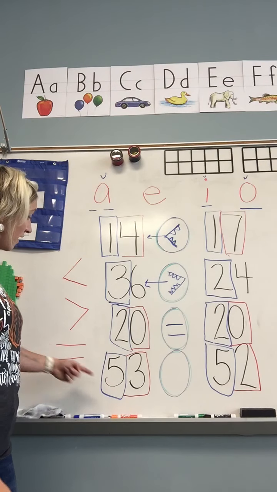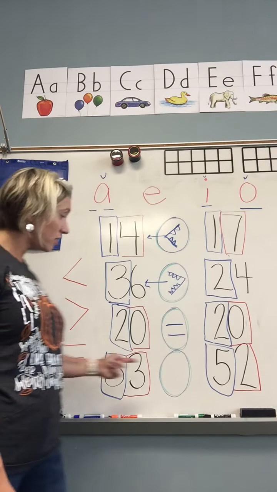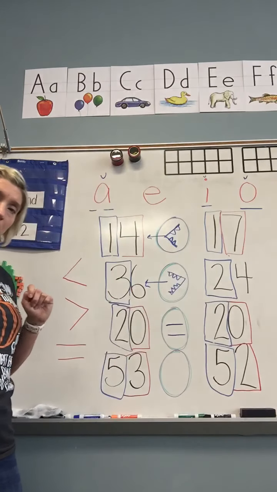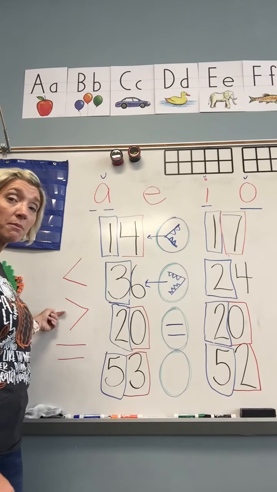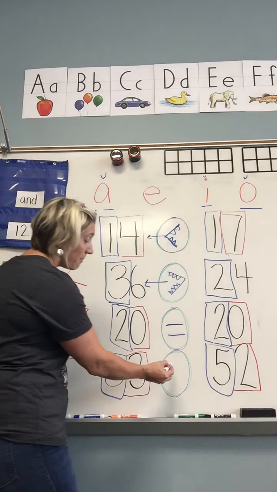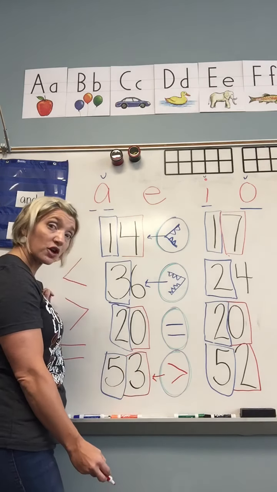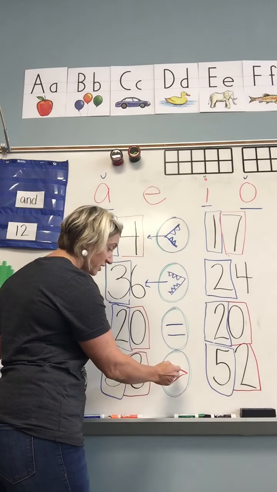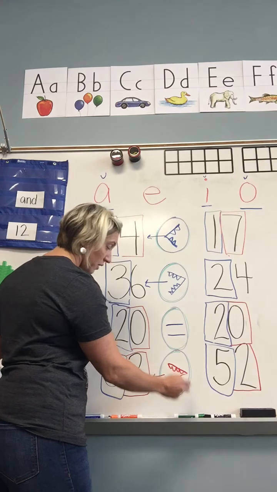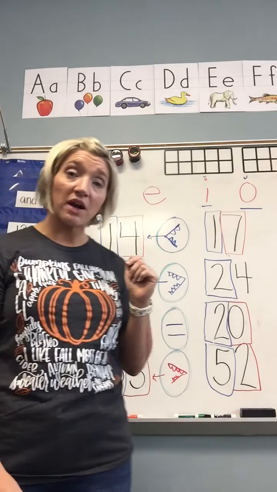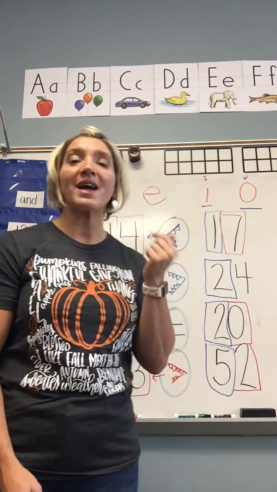Or am I going to use 53 is equal to 52? That's right, I'm going to use my greater than symbol because my alligator wants to eat the greatest number, which is 53.